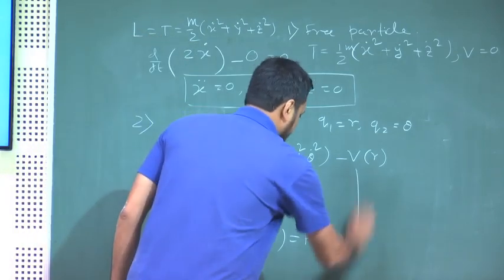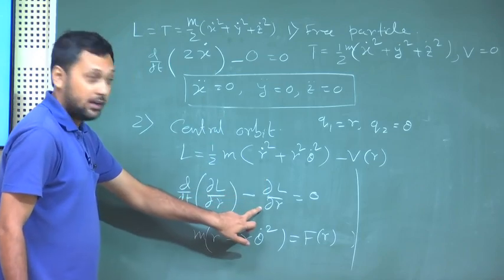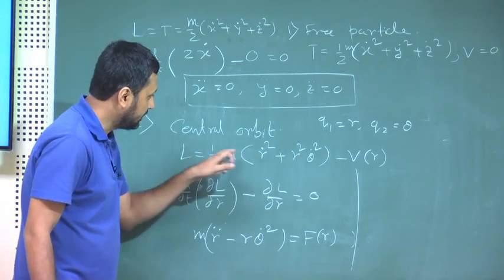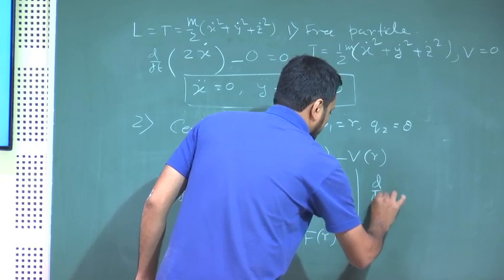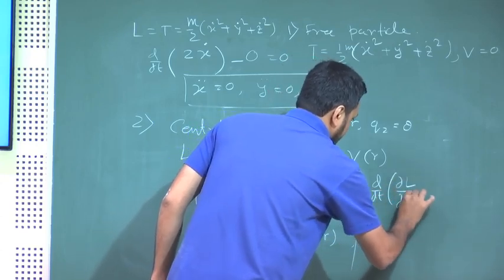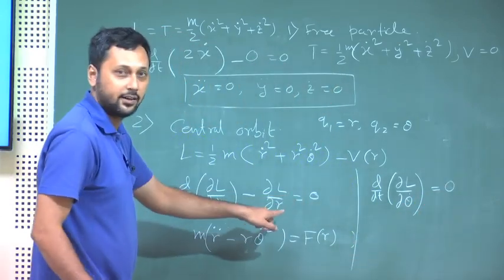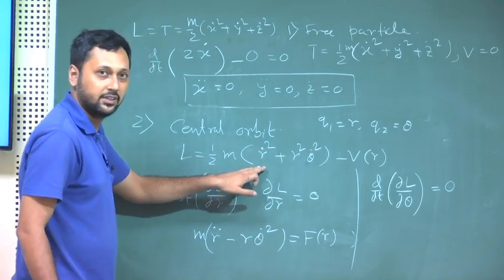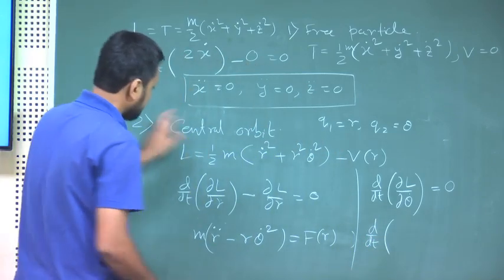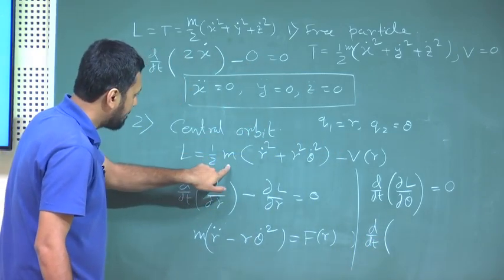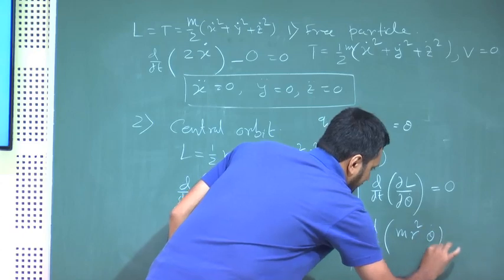This is for r. For the second equation, theta, del L del theta will be equal to 0, because nothing in this is a function of theta. So, the second equation will be simply d/dt of del L del theta dot equal to 0, because del L del theta is anyway 0, and this will give you d/dt of m r square theta dot equal to 0.